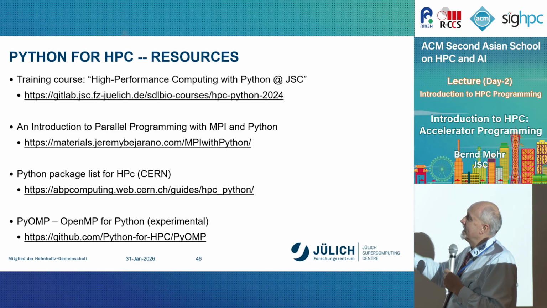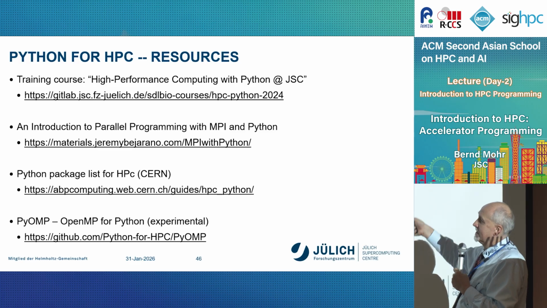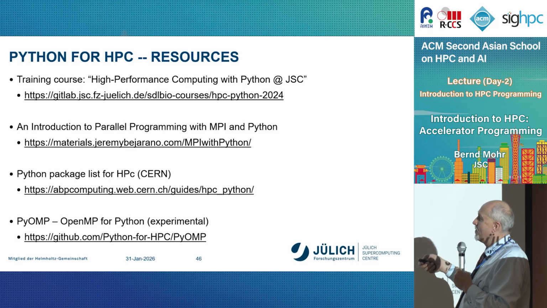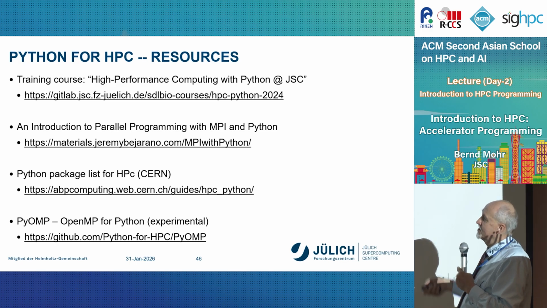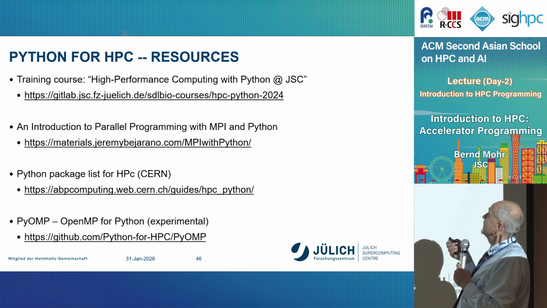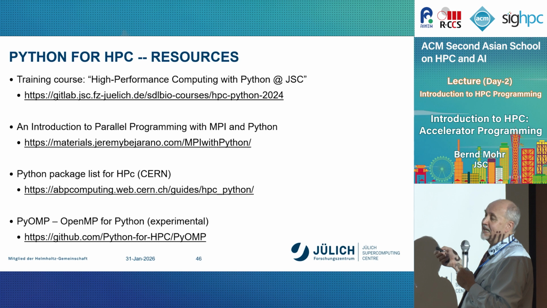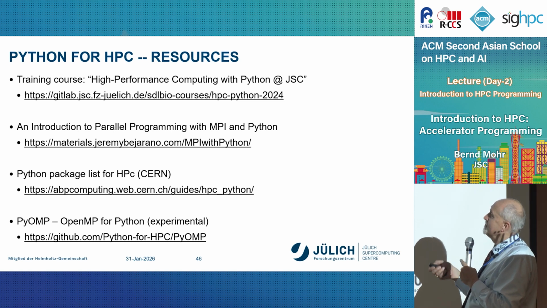And here I wrote down some links to classes with materials or other stuff you can check out. This is a class on how to do high performance computing from my lab. Here are all the slides and examples. Here someone wrote an introduction on how to use MPI for Python.